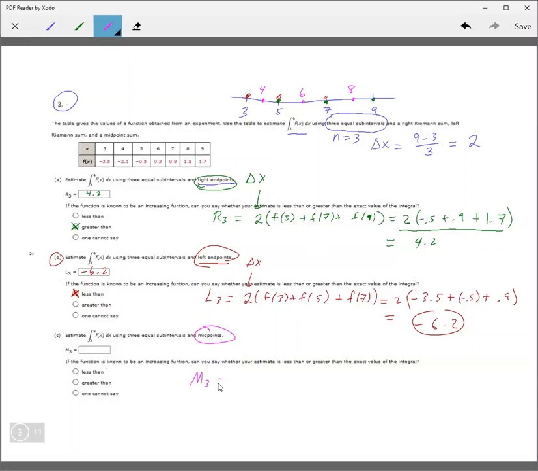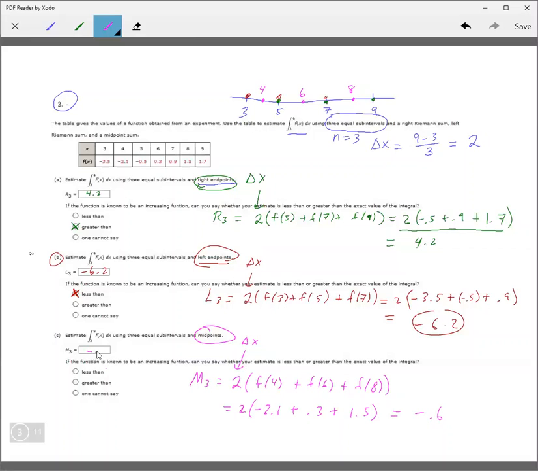So the midpoint sum is 2, again your delta x, times f of 4 plus f of 6 plus f of 8. So f of 4 is negative 2.1, and f of 6 is 0.3, and f of 8 is 1.5. And I get negative 0.6 for that one.